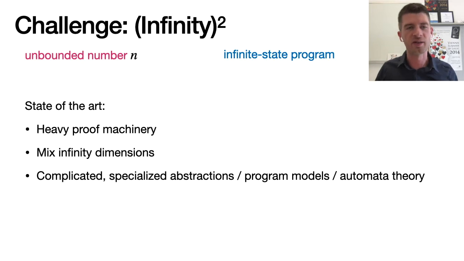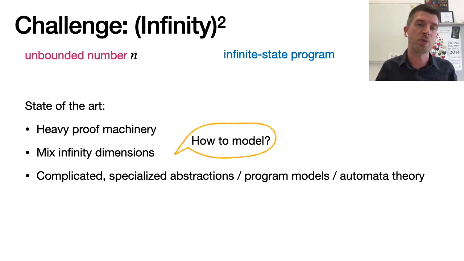In particular, they all introduce very complicated, specialized new abstractions, new program models, and intricate new automata theory. And this raises a lot of questions. For example, if we have some new notion of program model, then how do we model common verification problems? And it turns out that we might not even be able to do this with these state-of-the-art methods.